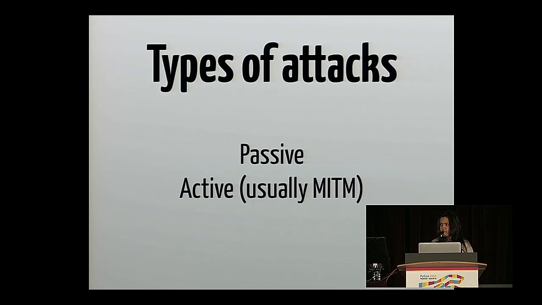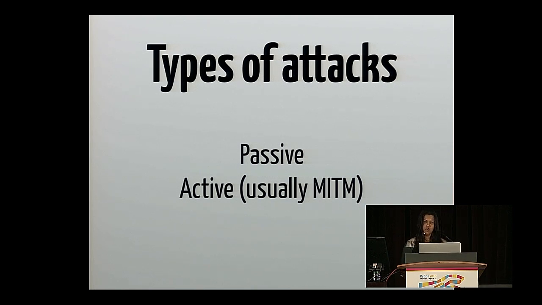Before moving on, let's talk a bit about the types of attacks that can happen on any kind of communication. There are passive attacks, where the attacker only needs to be able to listen to the communication without injecting or rerouting. For example, a crypto flaw might allow an attacker to just read your encrypted traffic and decrypt it silently.